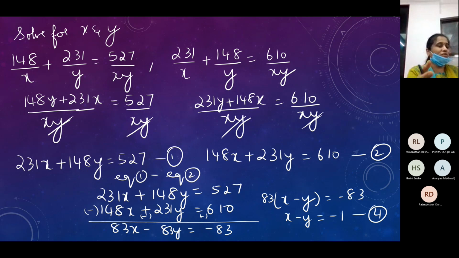But here it is very evident that when you take the common denominator in the LHS, xy will get cancelled on both the sides, you can see. On the RHS, if you did not have by xy, then your method is correct. If you had only a number there, equal to 527, then your method is right. We have 527 by xy, so don't use that method.